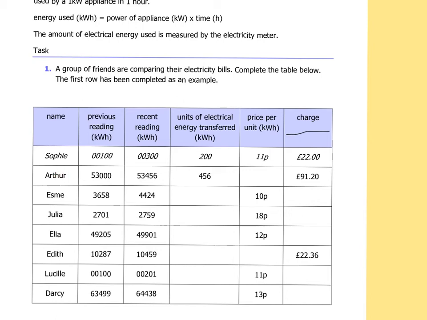He's got a previous reading of 53,000 and a recent reading of 53,456. So this number minus that number leaves 456 units. That's how many units he's used. He's been charged £91.20 for this, so we need to use the cost equals energy multiplied by price equation and rearrange it.